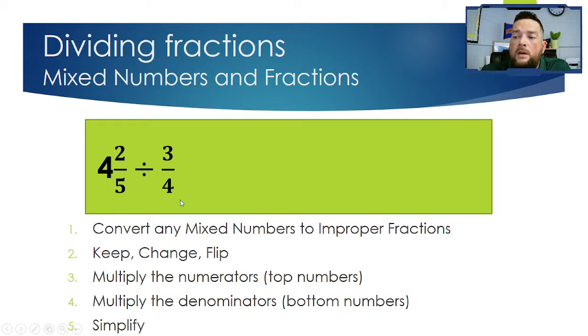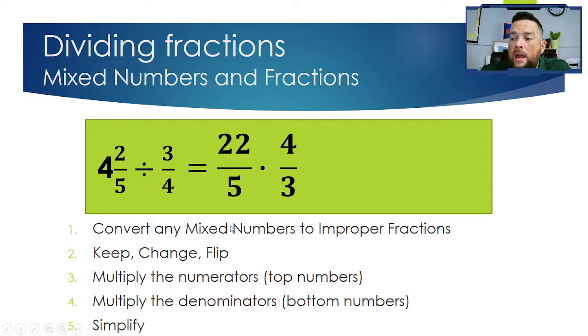So we turn that 4 2/5 into 22/5, an improper fraction. Then we apply keep, change, flip. We change the division sign to a multiplication sign, and we change the fraction to its reciprocal. So we have 22/5 times 4/3.